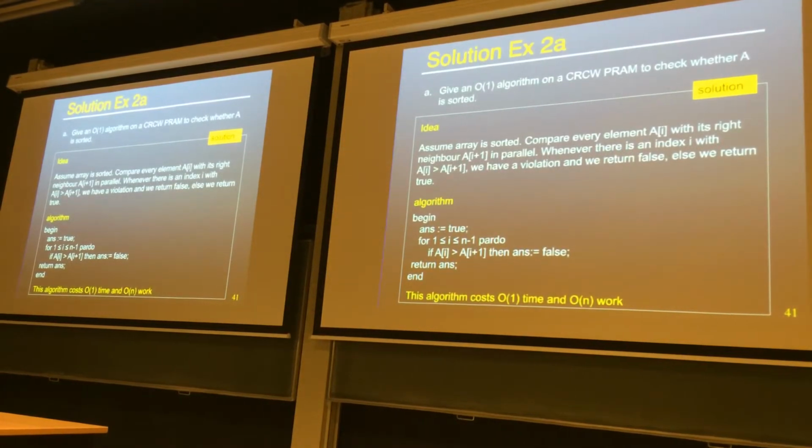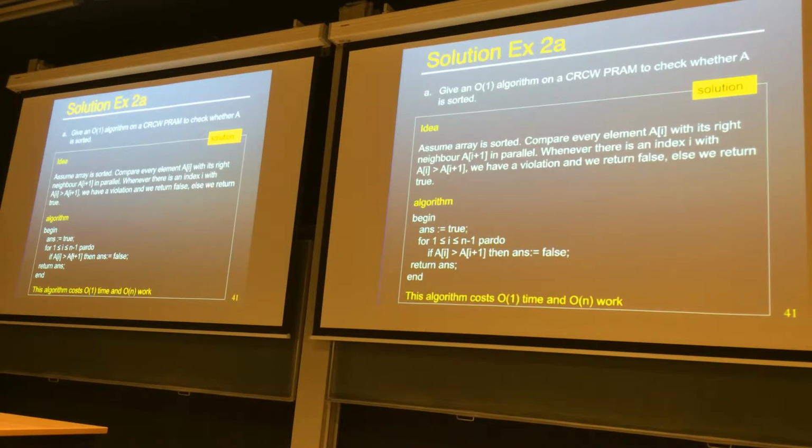So the basic algorithm is quite simple. Here, you begin by assuming that your array is sorted. Then for i between 1 and n minus 1, you compare all adjacent elements. If you find one that violates the property, then your array is not sorted, so you set answer to false. And finally, you return the answer.